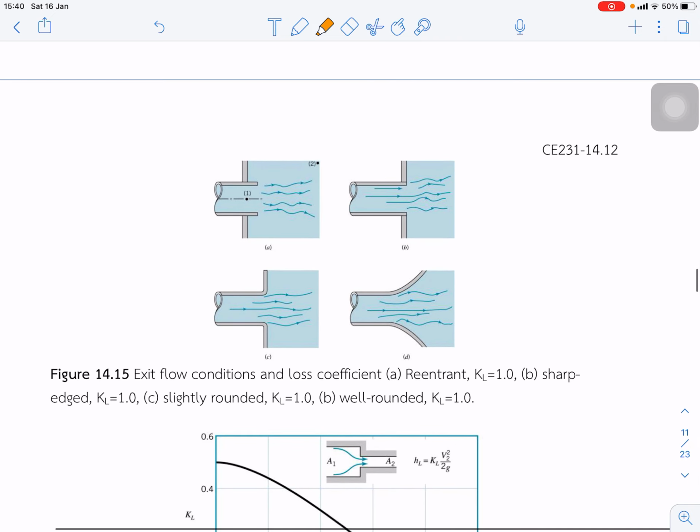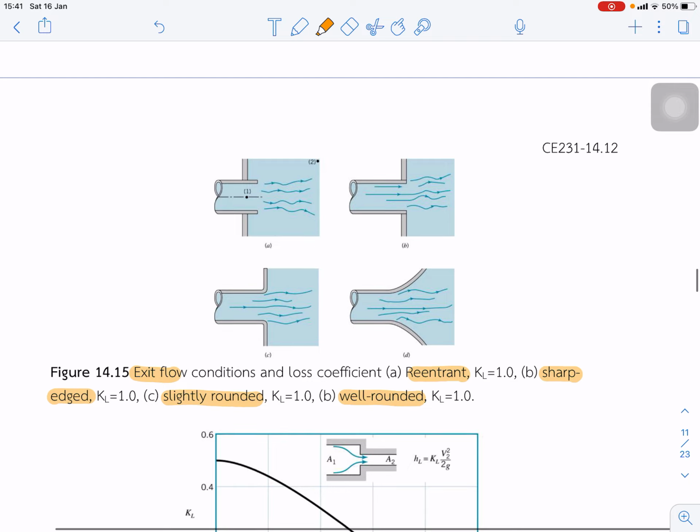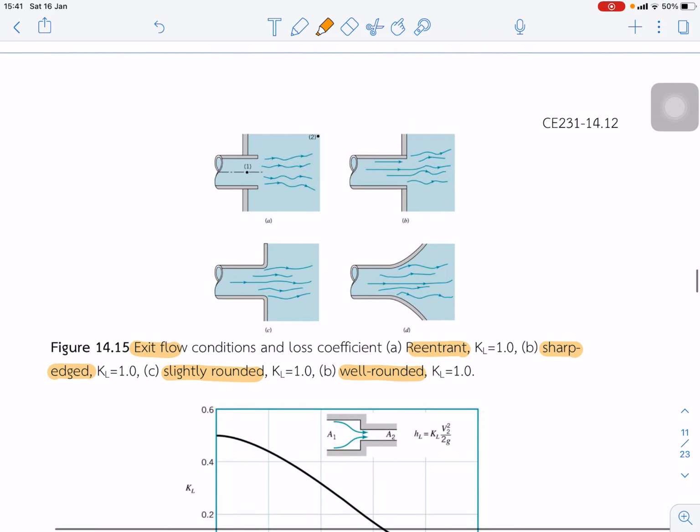But for the exit flow, there is no effect for different re-entrant, sharp, slightly round, or well round. So K is about 1. No loss for the exit flow.